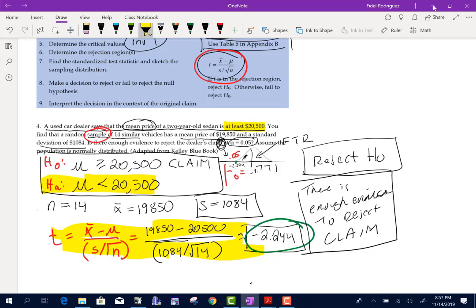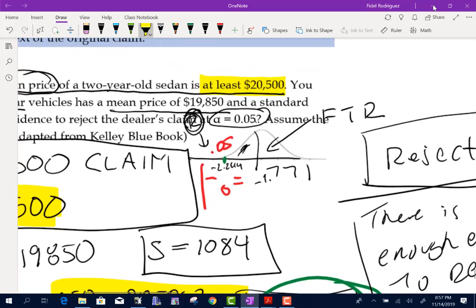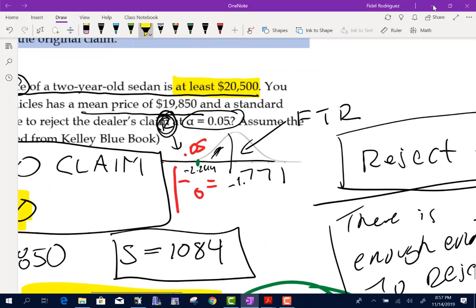It's just that instead of using a sigma, we use the letter S. But in terms of how I'm entering everything in my calculator, I'm doing it exactly the same way, right? The only part that was slightly different was how we came up with that number right there. Instead of using my inverse norm, I'm having to use my inverse t, right? And not only do I need to know the area to the left, but I also have to know my degrees of freedom. But other than that, the calculation is going to be exactly the same, okay?